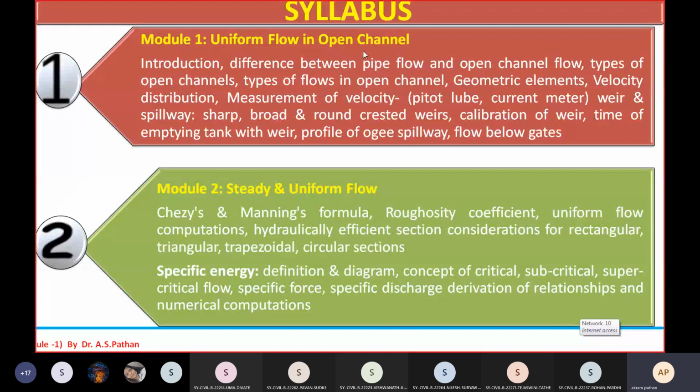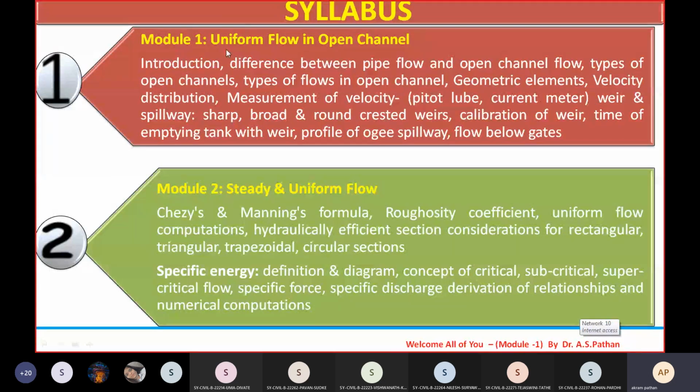From the first module, that is the uniform flow in open channel: types of flow in open channel, geometric element, velocity distribution, measurement of velocity with the help of pitot tube and current meter, then weir and spillway, then measurement with broad crested weir, round crested weir, calibration of weir, time of emptying tank with the weir, profile of Ogee spillway, flow below gates.